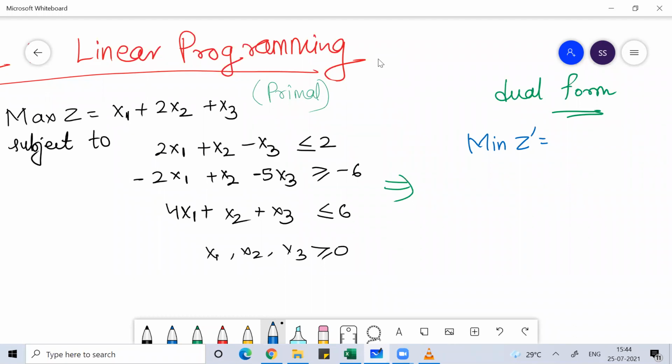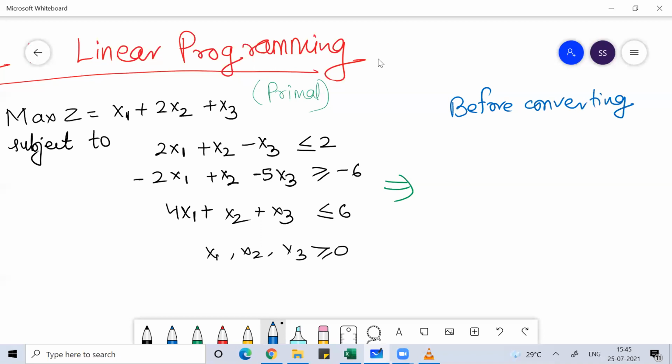I'll also tell you the approach you need to use for writing the problem in dual form.